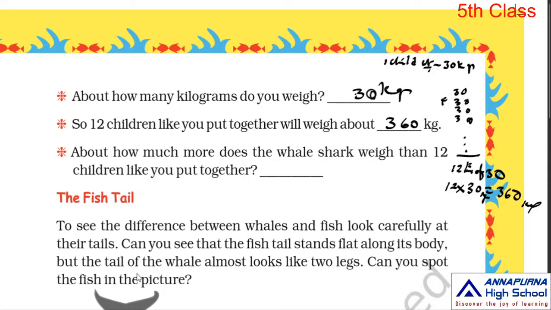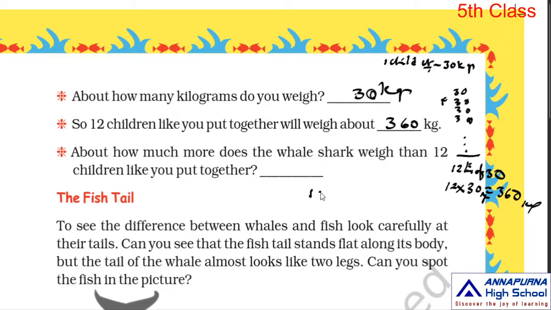We know the total weight of the shark is 16,000 kilograms, whereas the weight of the 12 children is 360 kilograms. To get how much more the whale shark weighs, here it shows subtraction.